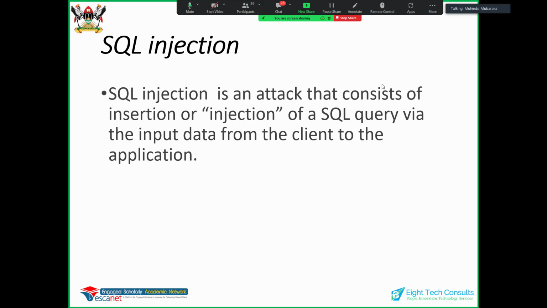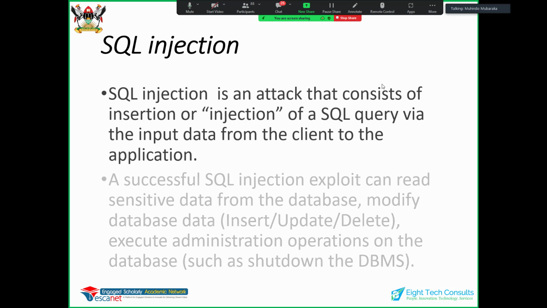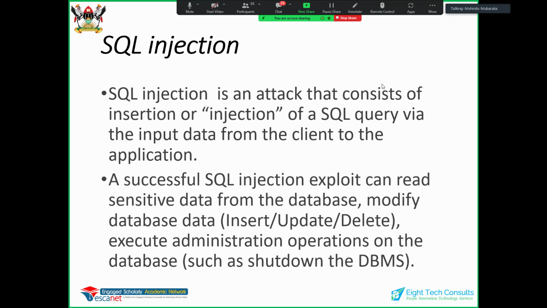So SQL injection is nothing but an attack, can be intentional or even unintentional, that involves adding something that the programmer did not intend into the SQL. So I hope we are understanding. Since I've explained the first, the remaining ones are kind of self-explanatory.